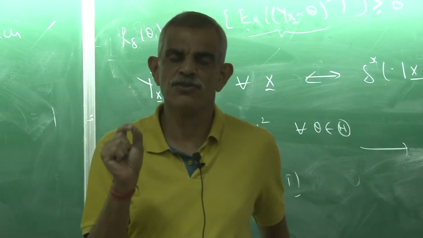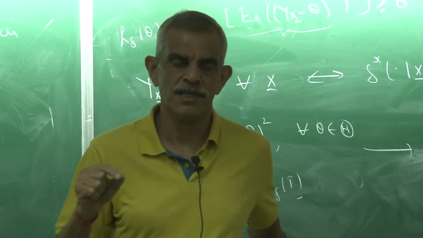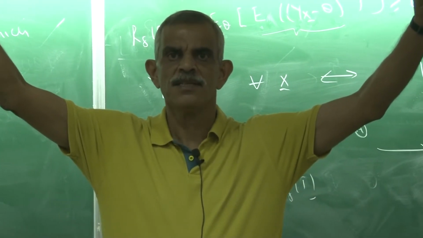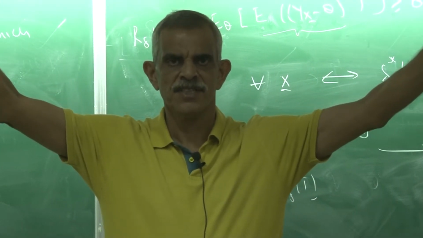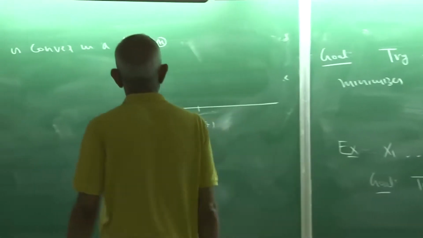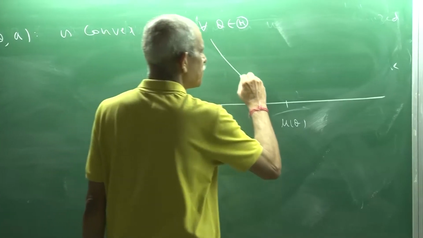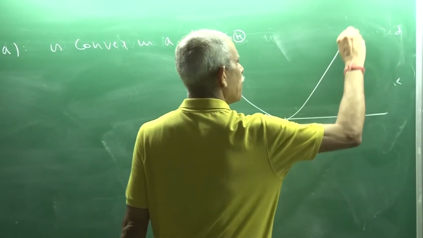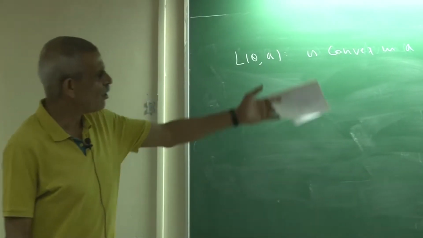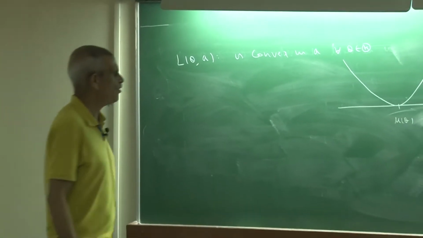At mu theta, my loss would be 0. And as my A moves away from mu theta, that means I am making more errors, so my loss should increase. It suggests that my loss function should be like this. These are called bowl-shaped loss functions.